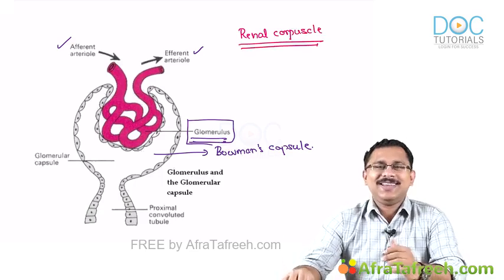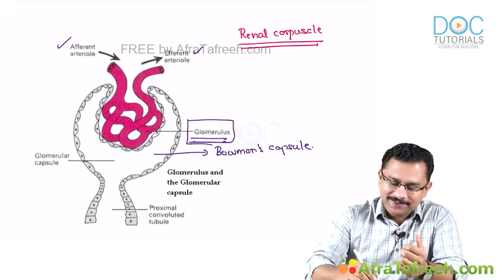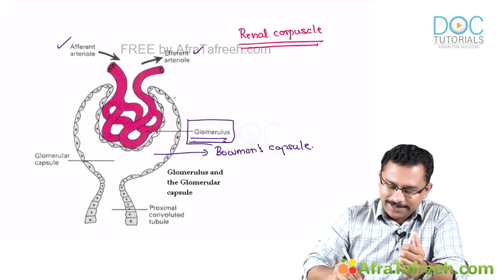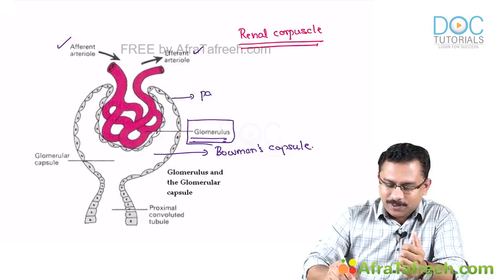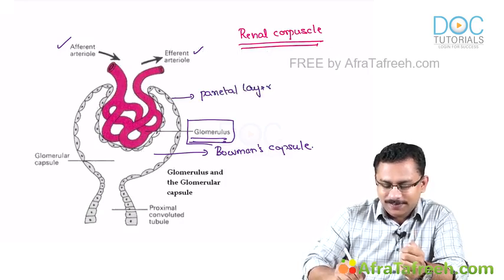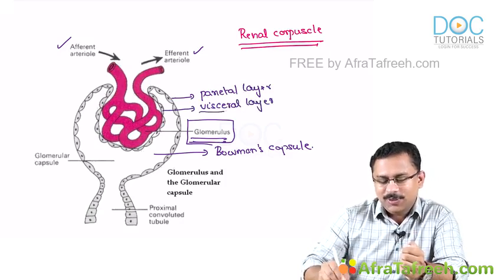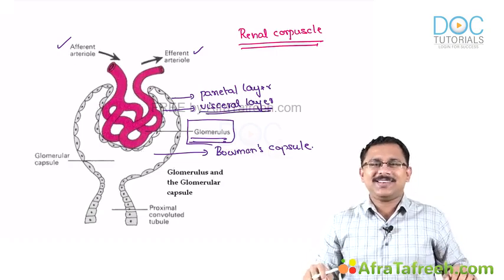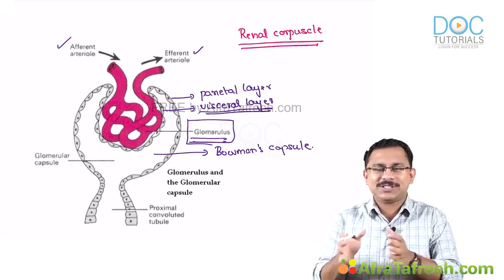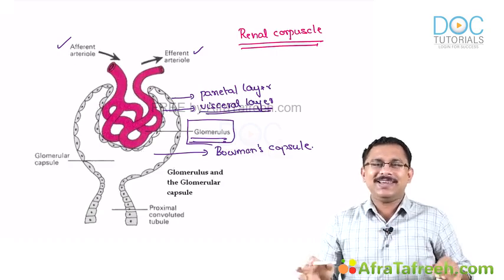The Bowman's capsule has a parietal layer, as well as a visceral layer. In this module, the visceral layer is very important for us, which is why I will come to it later.